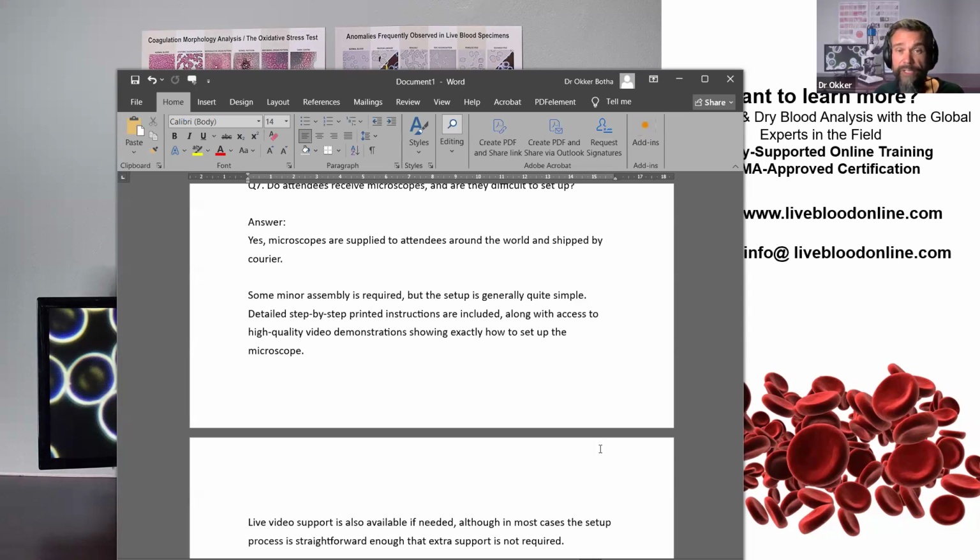The sampling procedure is really important, and in a classroom situation, what we found is that often while it's being demonstrated, attendees are looking over each other's shoulders, trying to see properly, and often miss crucial information. The videos provide the best vantage point, the best view, and you're able to see everything that you should be able to see to then take samples correctly. And then also with the use of the microscope, what settings need to be used to view samples in bright field and dark field.